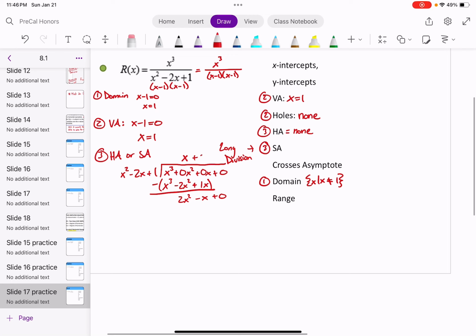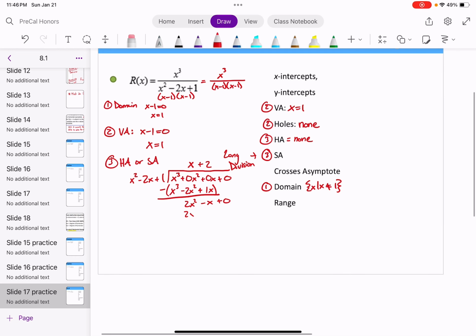We go ahead, work it a little bit further. Positive 2 is going to make sure that everything cancels out as far as our first term. 2x squared minus 4x plus 2. Keep in mind we are subtracting that as well. And we're left with 3x minus 2.